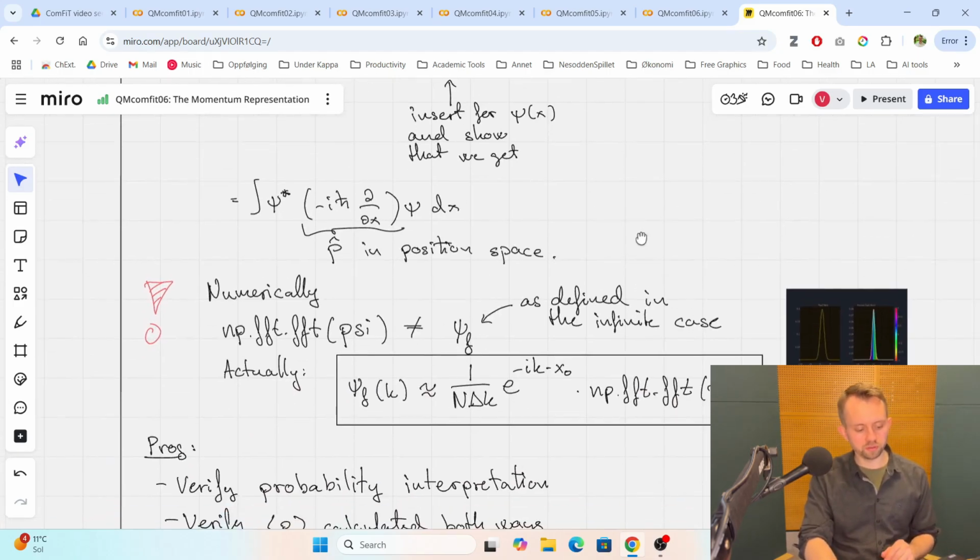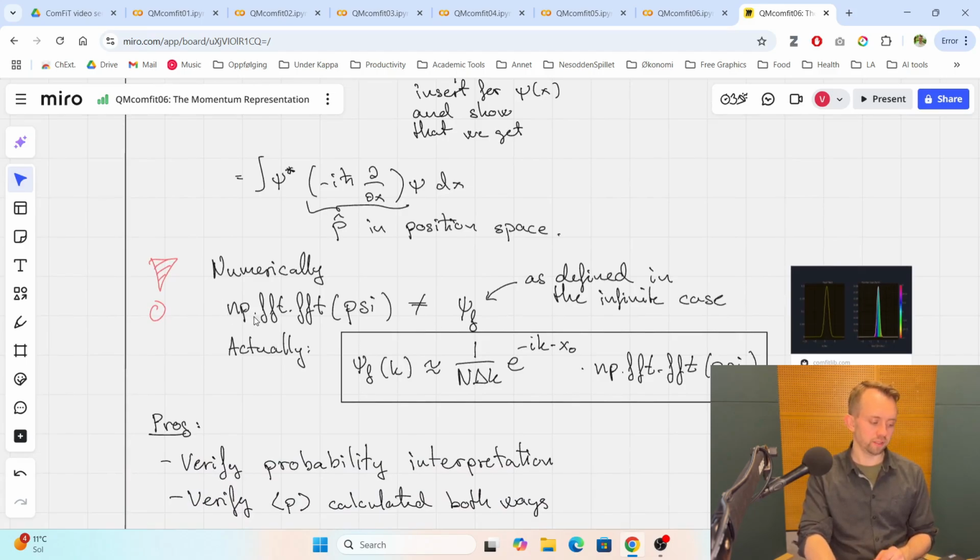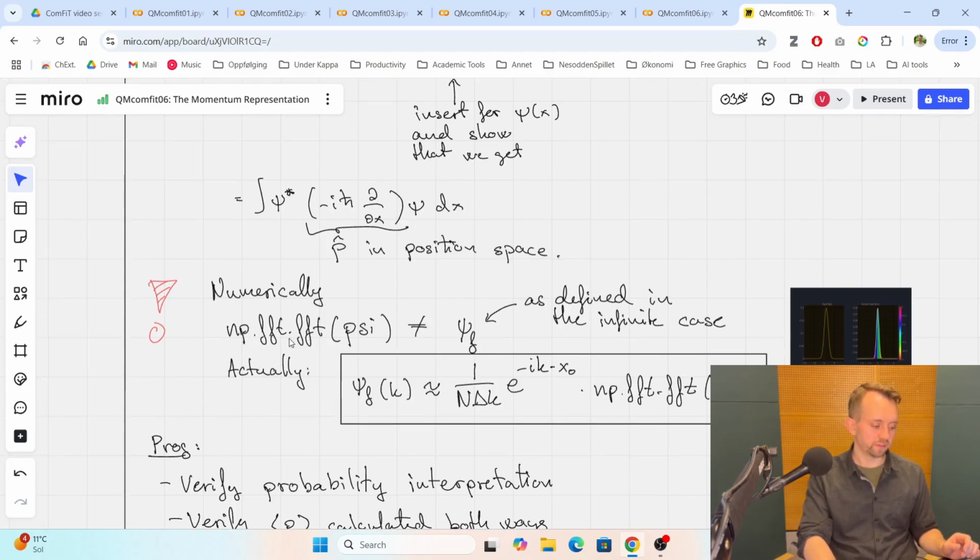Now, the point that I was mentioning earlier was that numerically, when you do something like the FFT of psi, it's not exactly the same thing as the Fourier representation in the infinite case. The reason for that is that this Fourier transformation that you do on a computer is a highly efficient operation called the discrete fast Fourier transform, which is not the same as this idealized infinite thing.